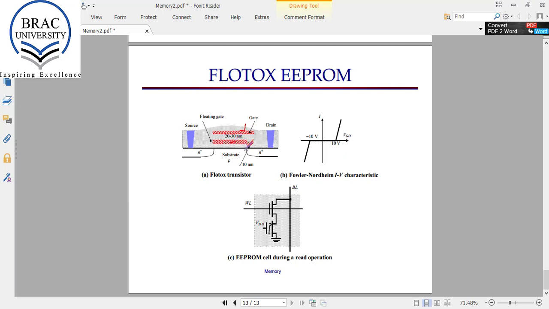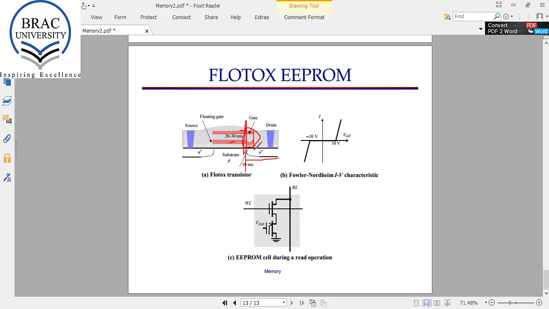The difference between the previous one and this one is we have a floating part of the gate above the drain, because you can see this is the drain portion, and we have the gate hanging over the drain. So this is the floating gate over the drain.